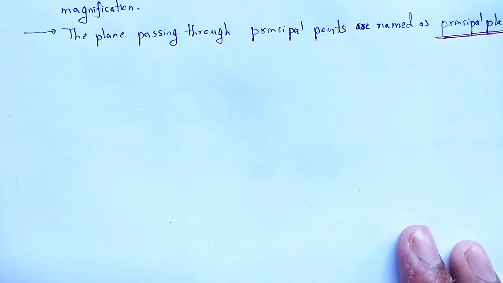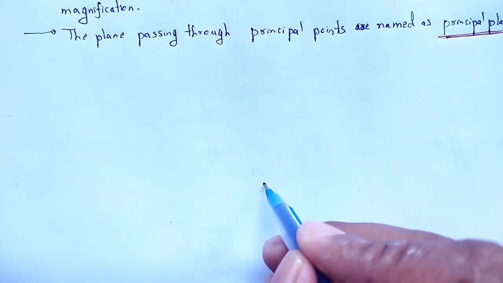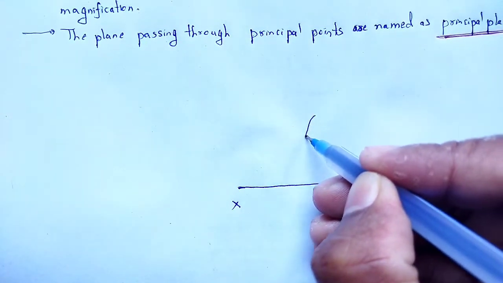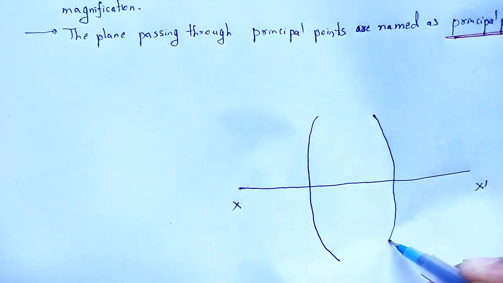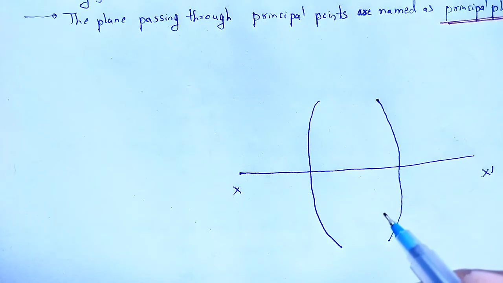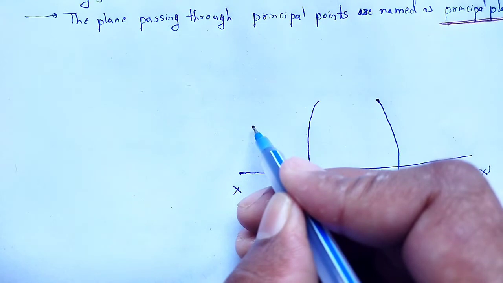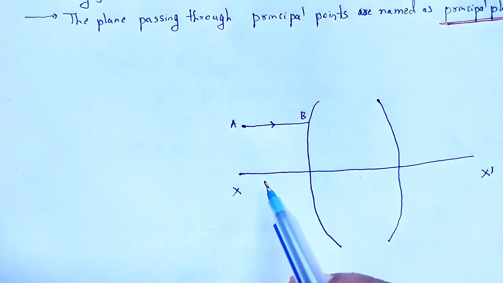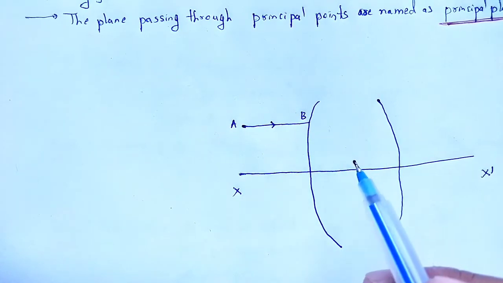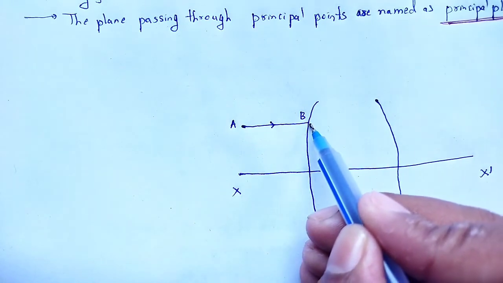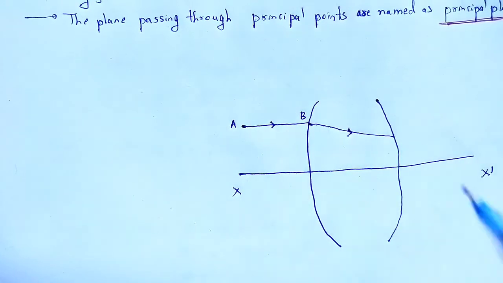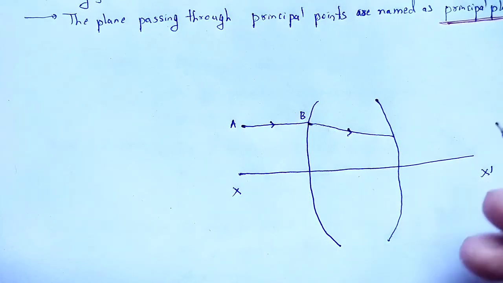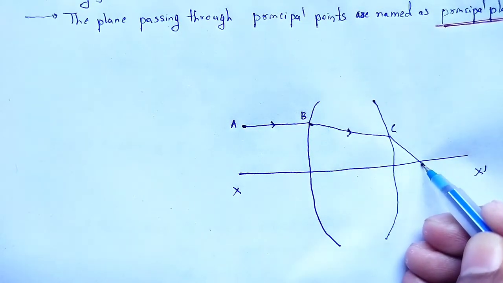Let us consider a convergent coaxial optical system having principal axis X dash X. Let an incident ray AB, which is parallel to the principal axis, after refraction through the optical system proceed along C F2.